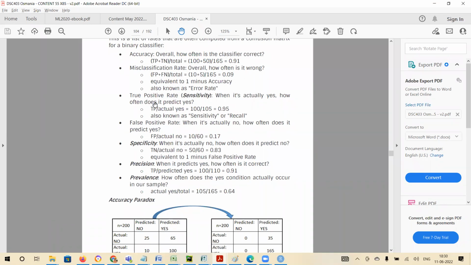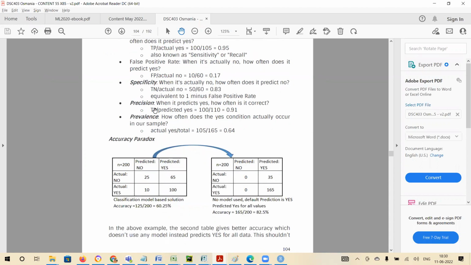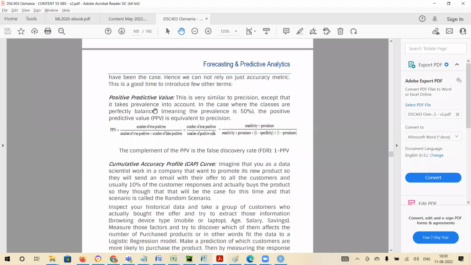Sensitivity is true positive by total yes. So true positive by true positive plus false positive. So you have the formula here.